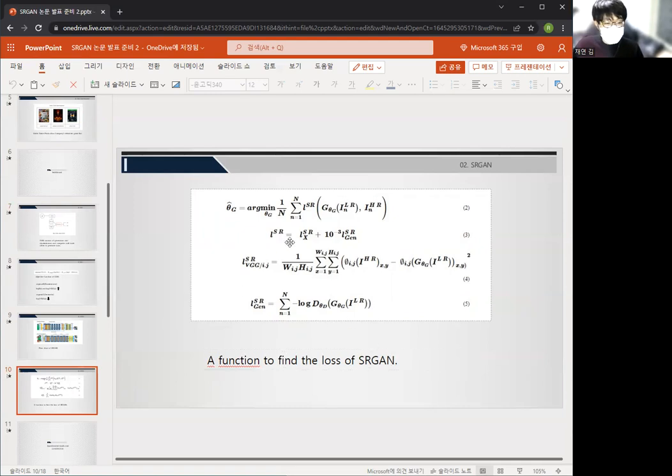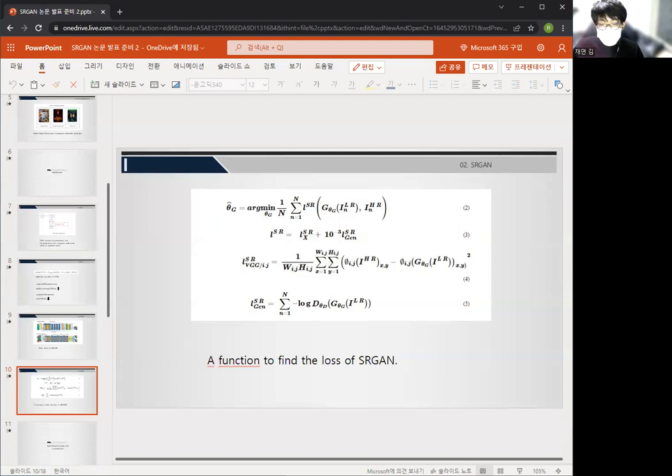This is the function to find the loss of SRGAN. In the above equation, G denotes a generator that receives a low definition image LR and generates a high definition image SR. When the low resolution image is input, the super resolution image comes out through the generator.